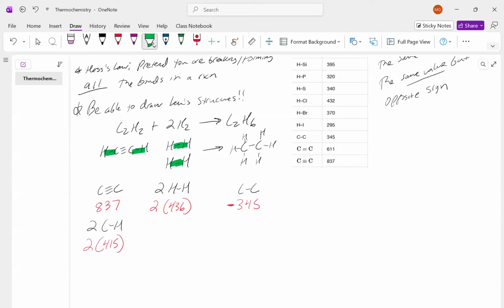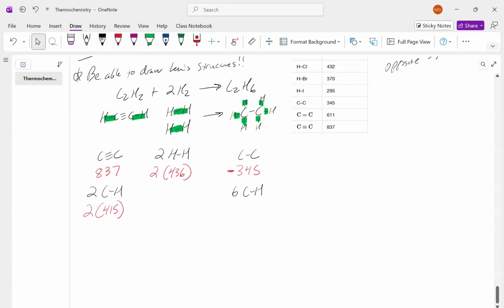And then I am also forming 6 carbon-hydrogen bonds. So carbon-hydrogen is again 415. I'm going to multiply it by 6 and make it negative. Put the negative on the inside here.